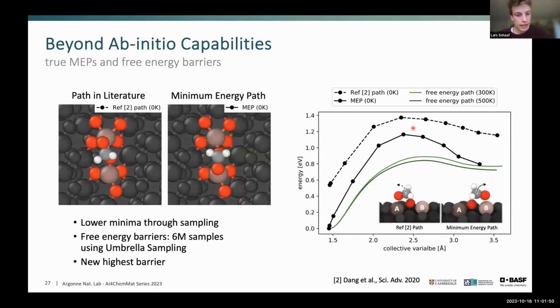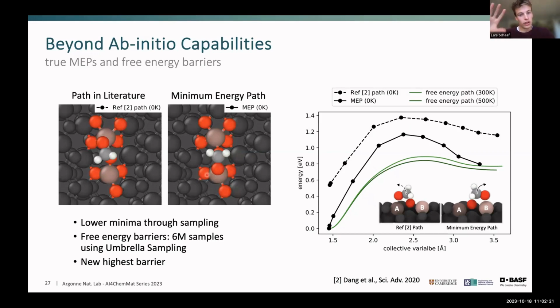And similarly for the next step, so we then continued on and looked at the next step. And what we find is that actually the active site, which was previously thought to be this indium that has 4 oxygens around it, so it's 4-fold oxygen coordinated, is actually not the active site at all, but the reaction, although looking very similar, actually occurs on a different indium that is 3-fold oxygen coordinated.